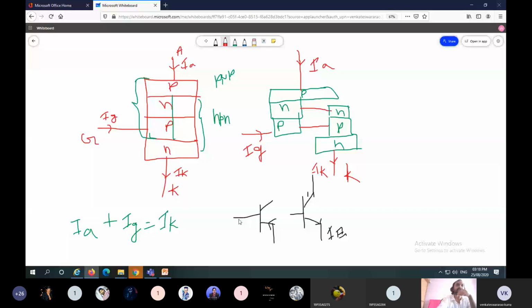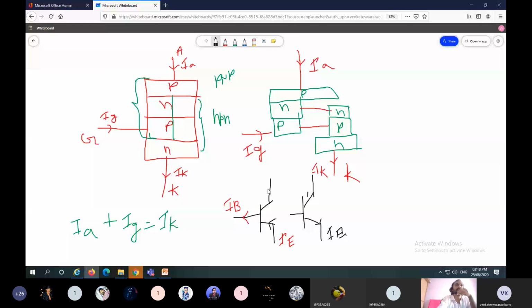The direction of currents in a PNP transistor is like this. This one is the emitter current IE, this one is the base current IB, and this one is the collector current IC.